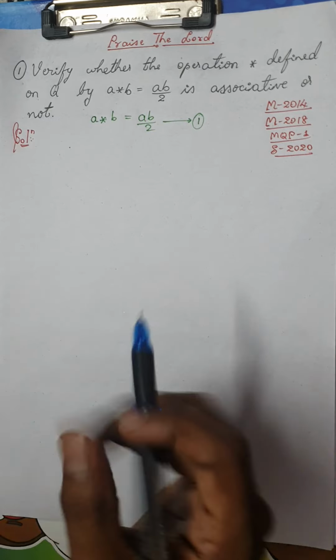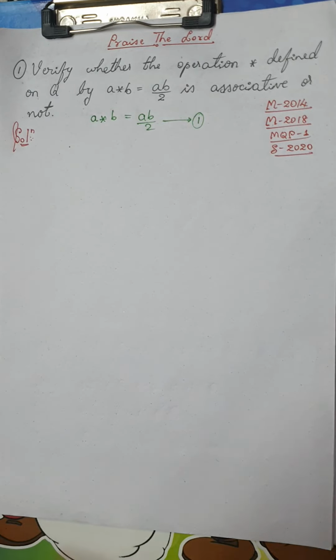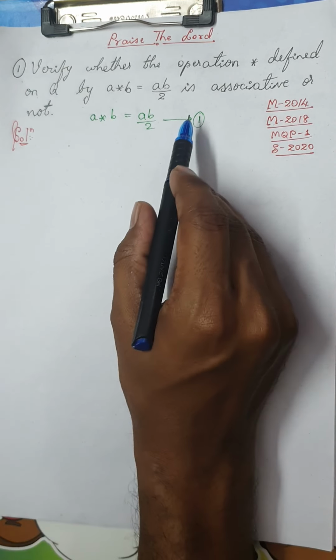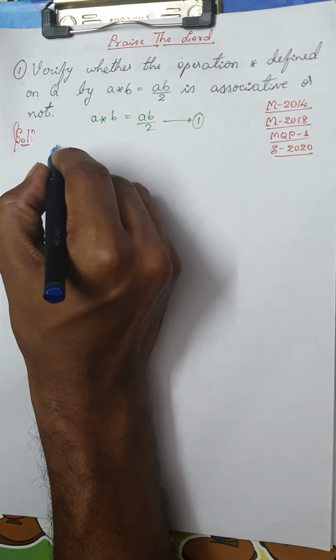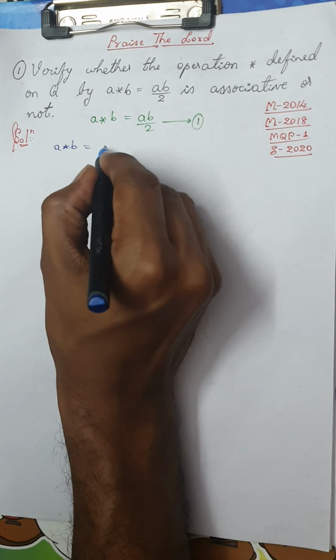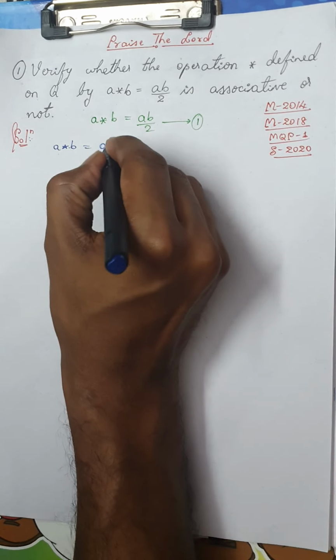Just for your reference, you don't need to do this in the examination. Don't do this in the examination. If they ask you the commutative property also, you can check it. If you take A star B, it will be equal to AB by 2.